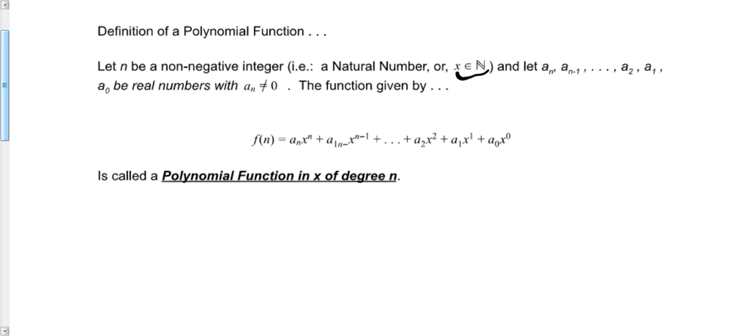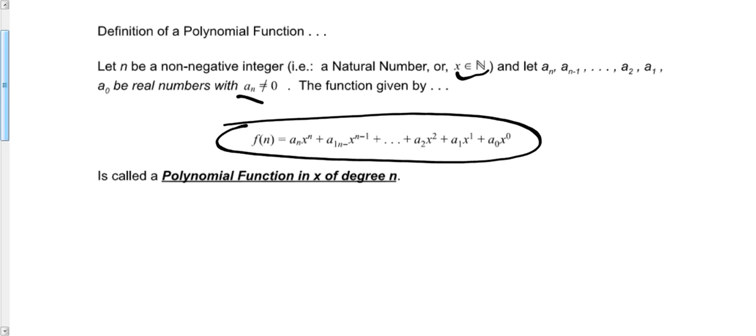And let a sub n minus 1, all the way down to a sub 2 and a sub 1, be real numbers with a sub n not equal to 0. The function of a polynomial is given by this guy right here. It is called the polynomial function of degree n.